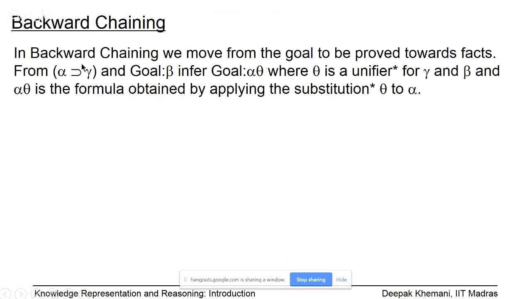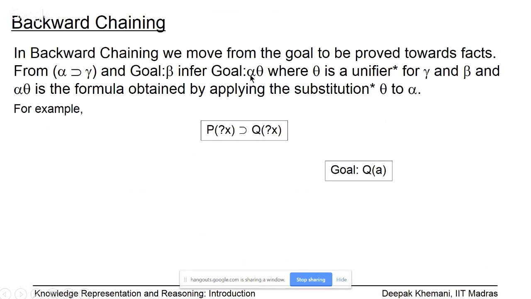So gamma is the right side of the implication statement, beta is a goal that you are interested in. So if you can find a unifier which will make this beta equal to this gamma, and if that unifier is theta, then we can infer a sub goal of alpha theta by applying the same theta to the formula alpha. So this is the process of backward chaining in first order logic.